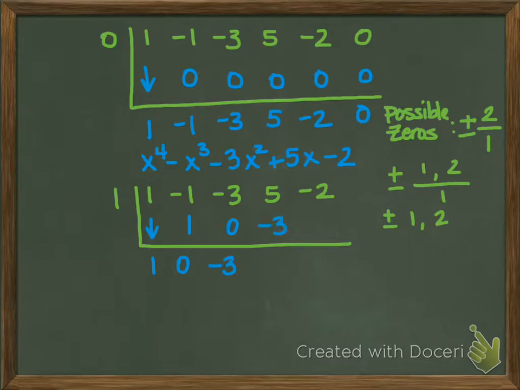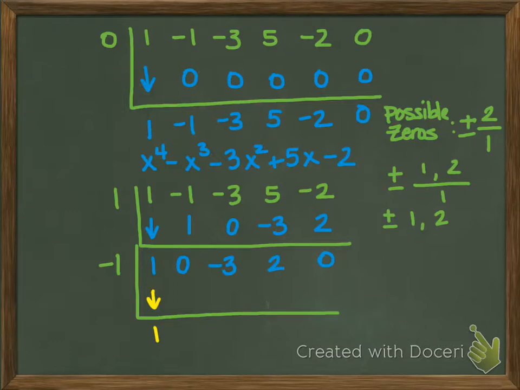Times 1 is negative 3, plus 5 is 2. Times 1 is 2. Remainder of 0. So that's good. That means this is a solution. So now we're going to continue on, and I'm going to find the other possible solutions or see what other possible ones work. So I'm going to start with negative 1.